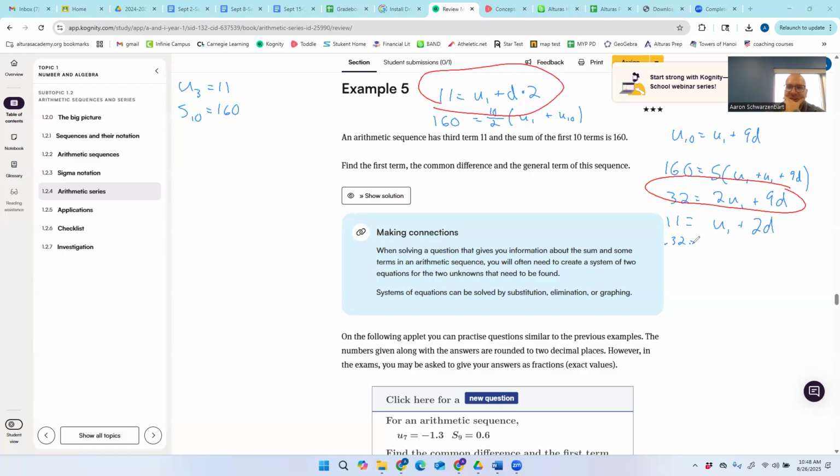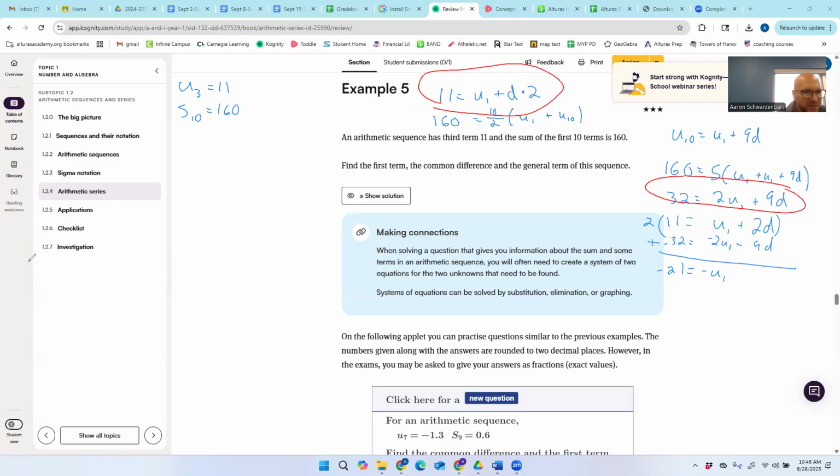I'm going to negate the second one. And add. Oh, I need to double the first one too.